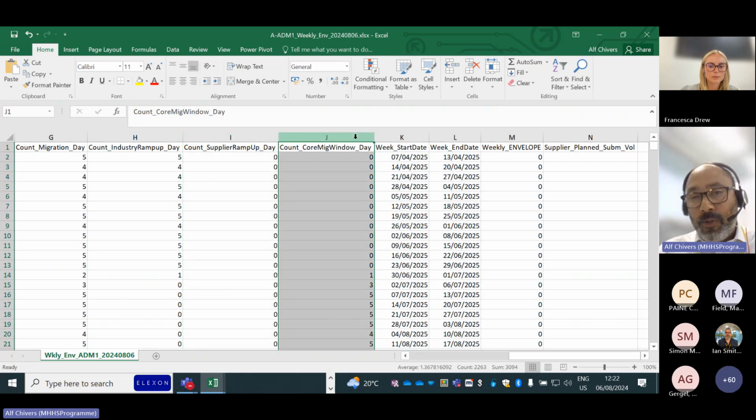And column J is the count of core migration window days. And what do we mean by a core migration window day?